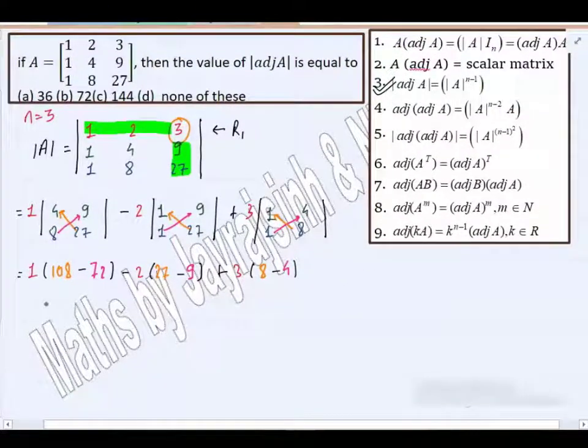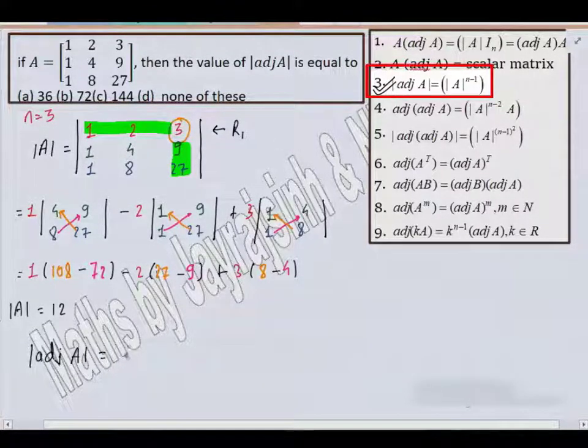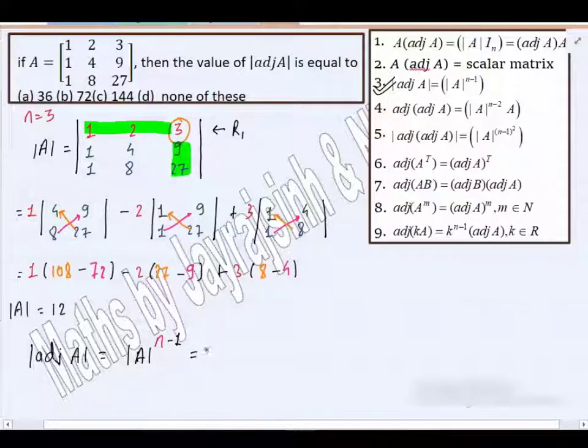Just simplify. We'll get determinant of A is equal to 12. But don't forget, we have to find determinant of adjoint of A, which is actually determinant of A whole raised to n minus 1. We already found the determinant of A, which is 12, and n is 3. So 3 minus 1 will be 2. So your final answer is 12 square, or we can say 144.